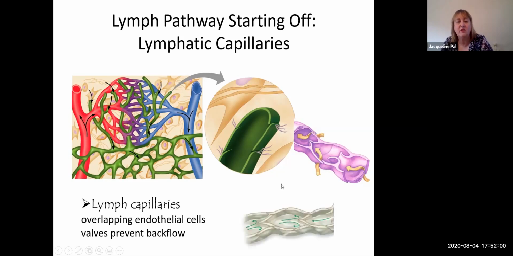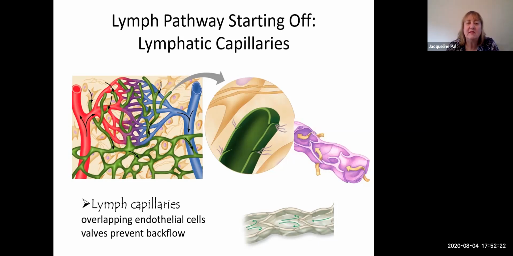The other thing I want to point out is that even in the lymphatic capillaries, there are valves to prevent backflow. So it's not just going to be in big lymphatic structures. It's going to start with the lymphatic capillaries. So unidirectional flow only.